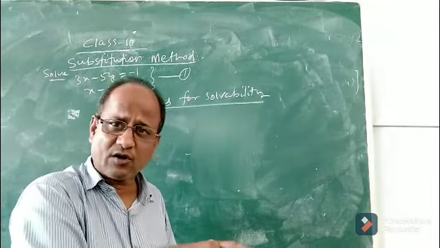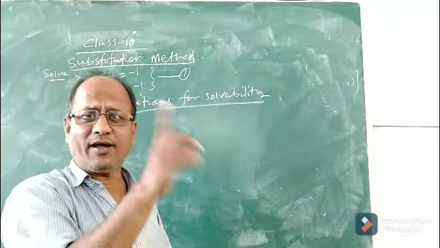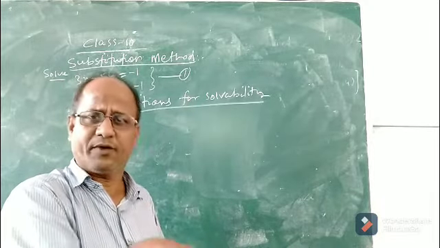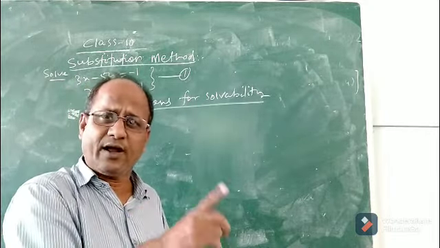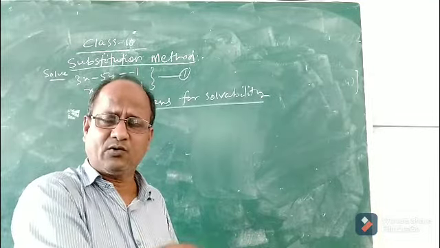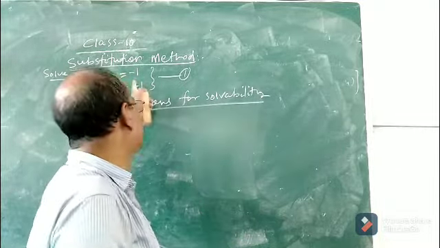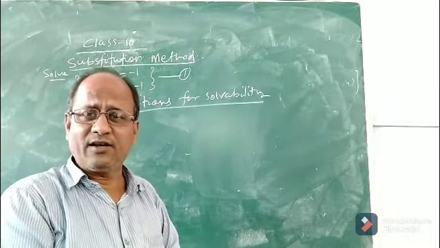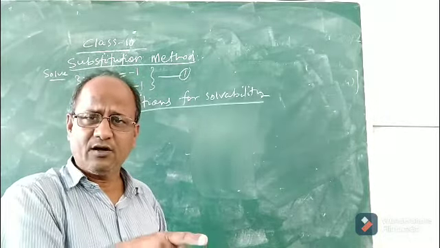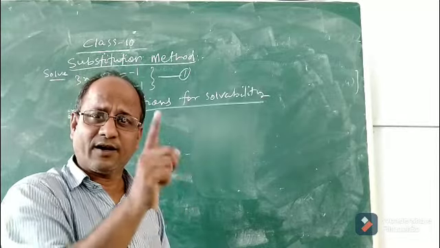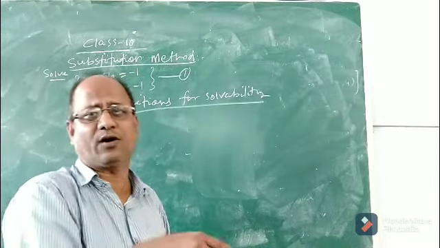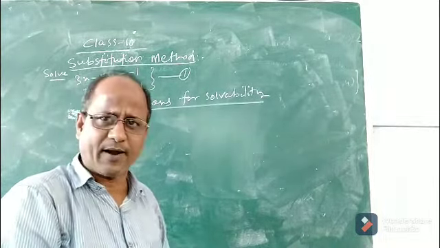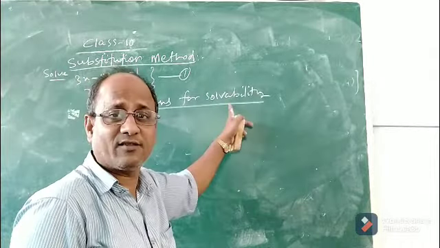First you make sure that a1 by a2 is not equal to b1 by b2, because only then will the given system have a unique solution. That means it will have one and only one solution, under the condition that a1 by a2 is not equal to b1 by b2. That is what is known as the condition of solvability.